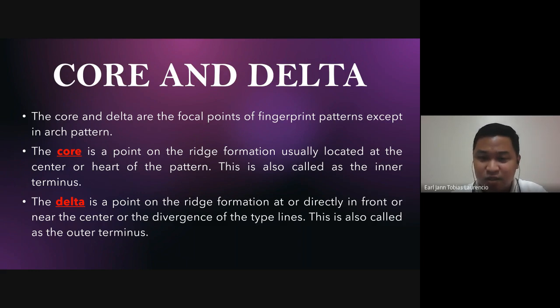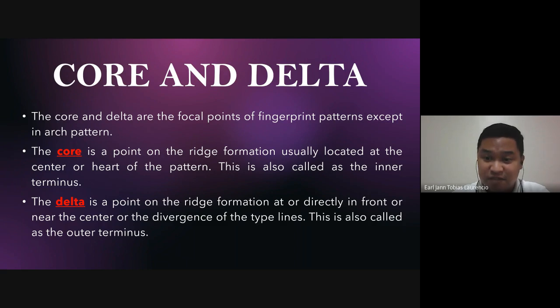Okay? So as long as they are located at the point of divergence of the type lines, it will be considered as the delta.